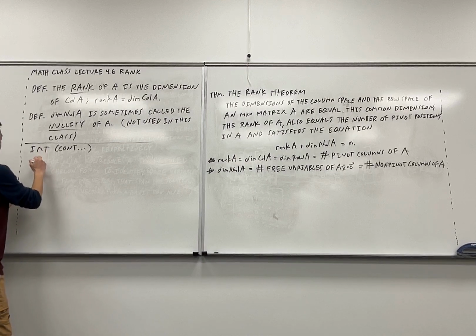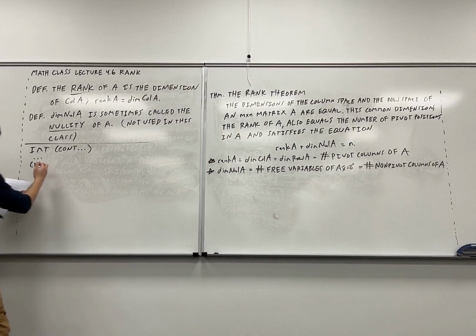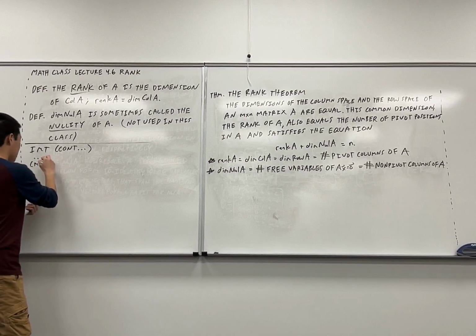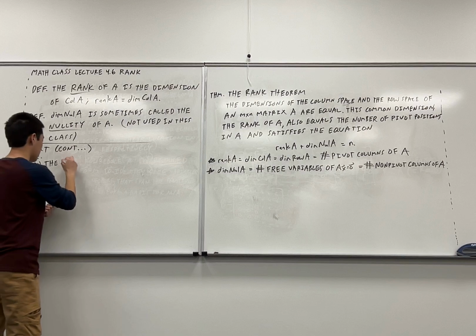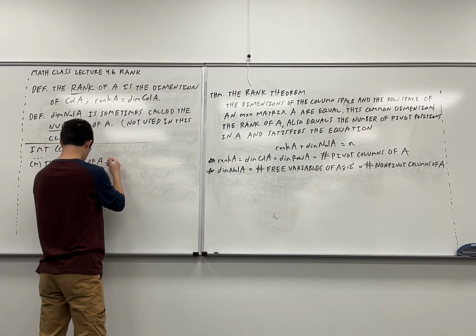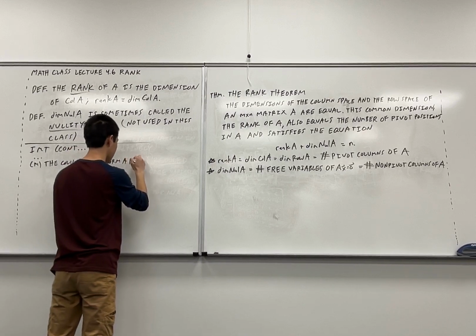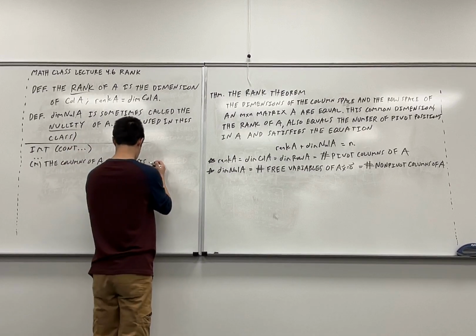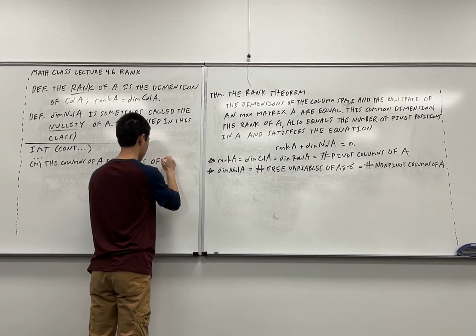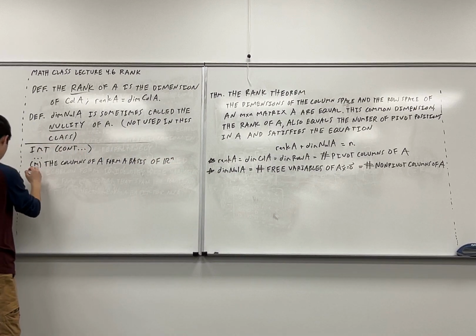So A, B, C, D, E, F, G, H, I, J, K, L, M. M is that the columns of my matrix form a basis of Rn. We covered that in the definition a second ago.